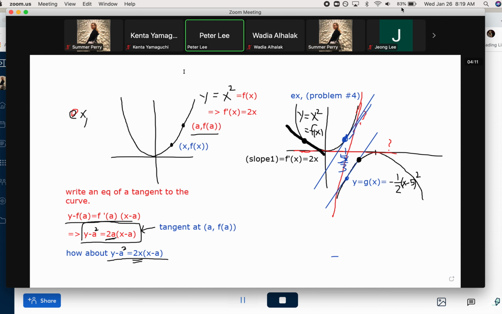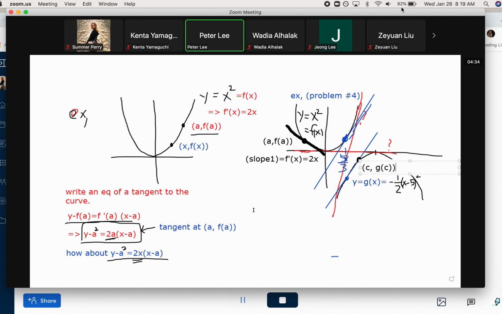This is A comma f of A. And then this other point we call C. This is now C comma g of C. And then we find the tangent line here and the tangent line here.